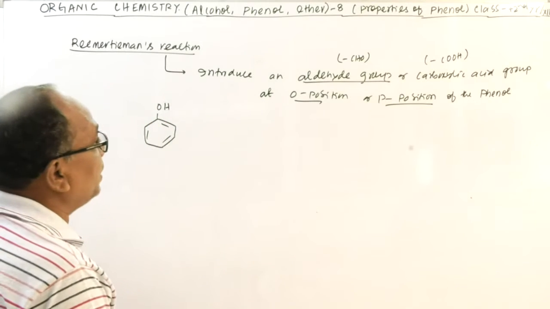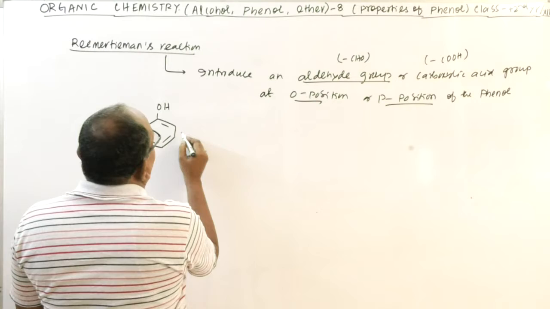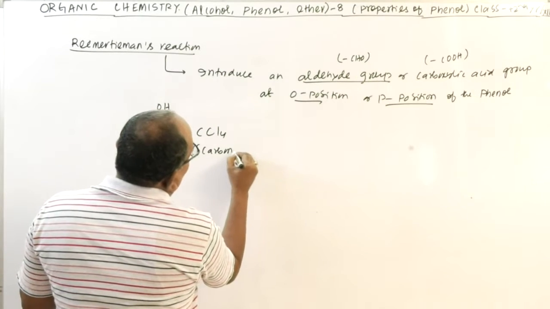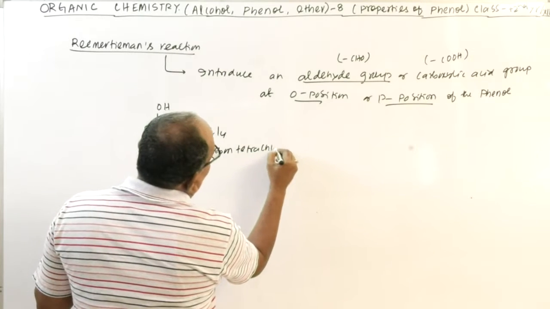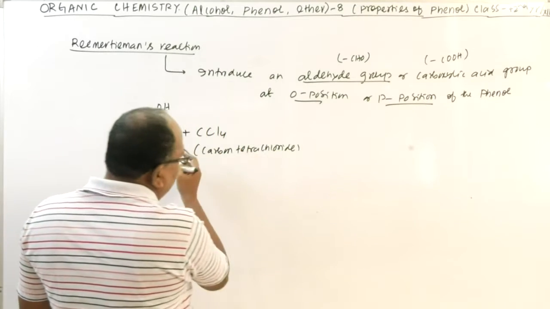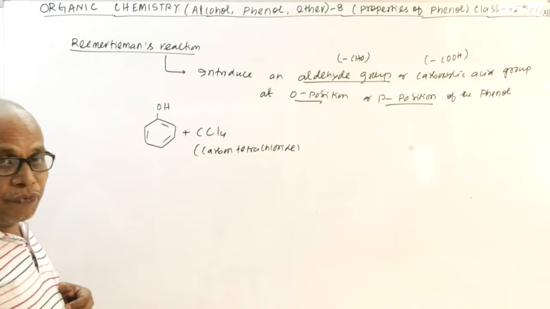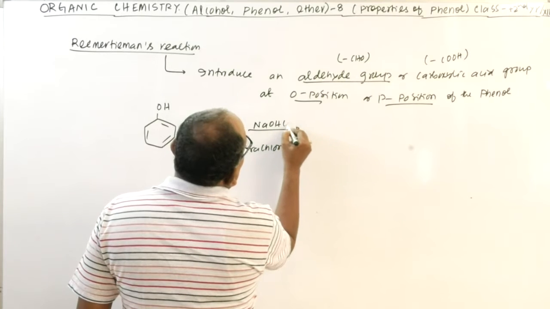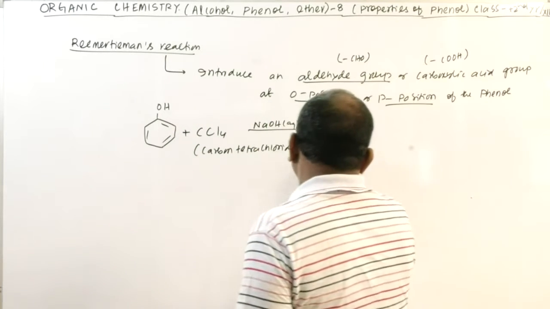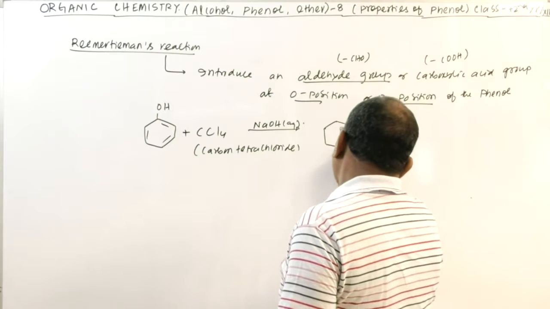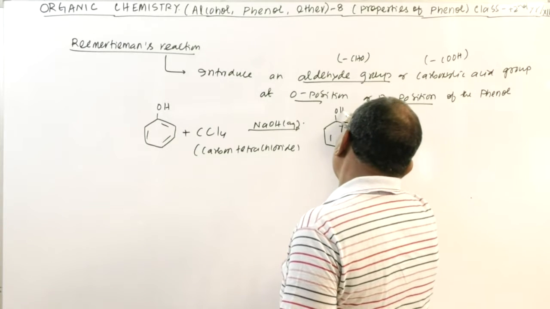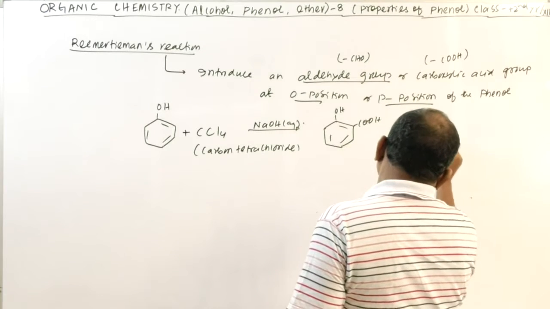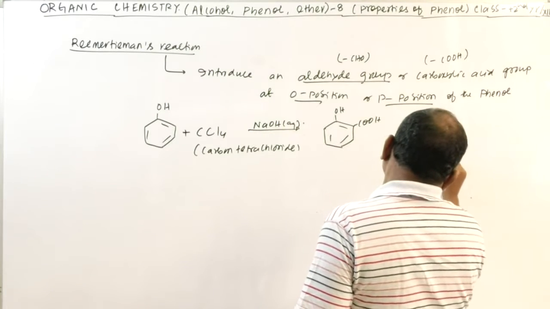The carboxylic acid group will be introduced at the ortho and para positions, that is, if you take CCl4, carbon tetrachloride, in place of chloroform, in presence of aqueous sodium hydroxide, the carboxylic group is substituted at the ortho position as well as the para position.